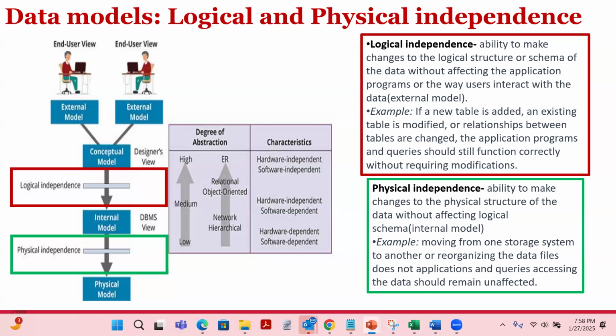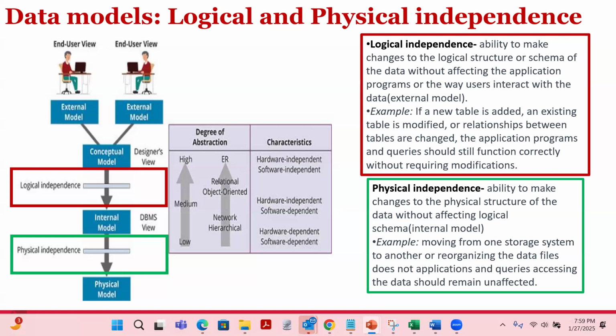So for example, if your current database is a SQL Server and you're trying to switch your system to Oracle, you will not be able to use the same file structure. So physical independence is much harder to achieve.